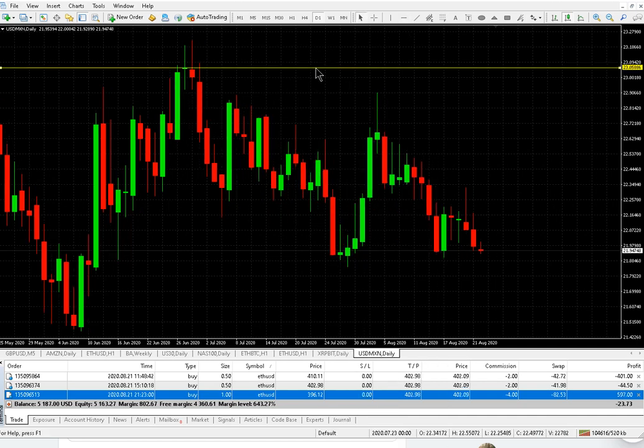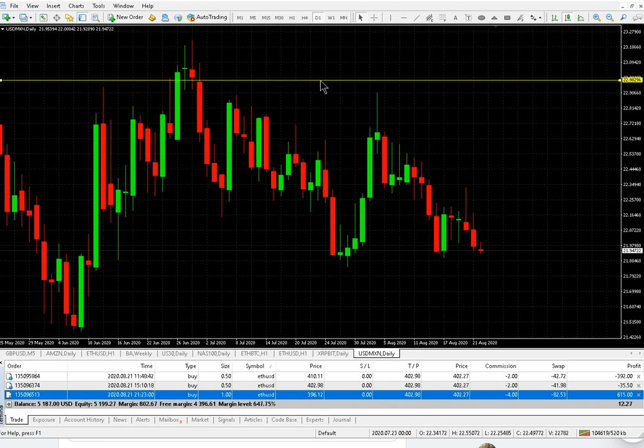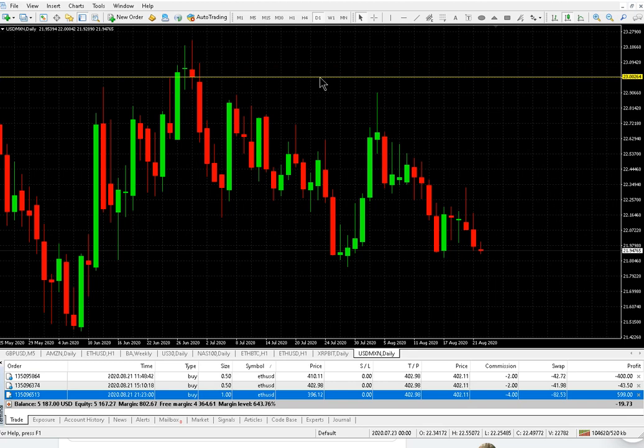So the price up here says $23 roughly. If that price is $23, that's saying it takes more Mexican pesos to make a dollar, basically.